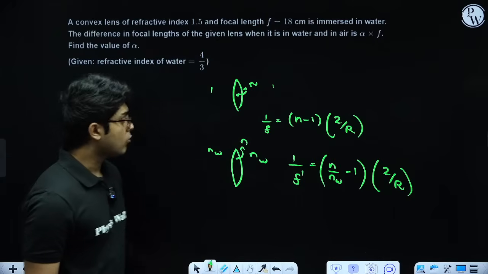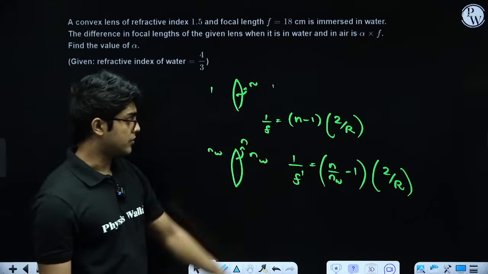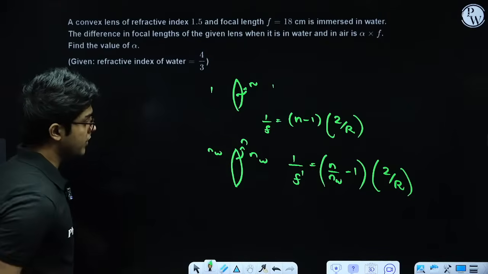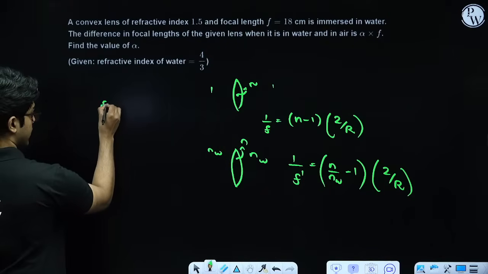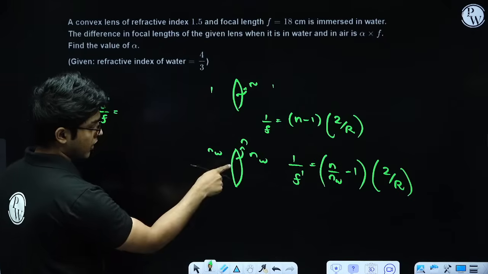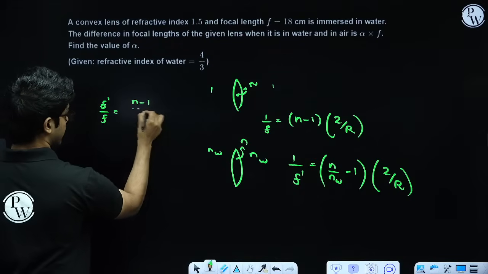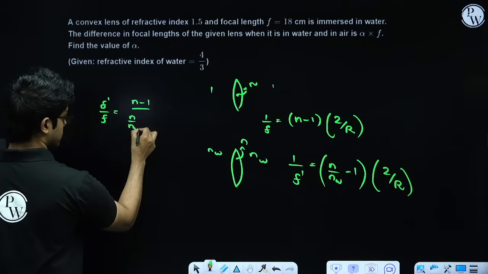Because we only need the change in focal length, we'll just divide these two equations. That gets rid of the 2 by r, right? So f dash divided by f equals n minus 1 divided by n by NW minus 1.